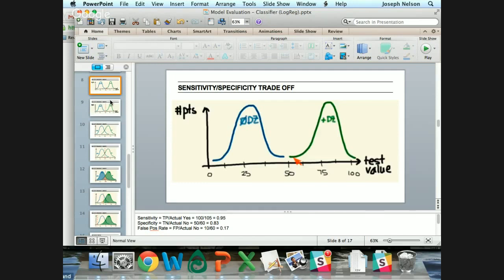As you can imagine, this is not the data we see in the wild. So let's talk about how we deal with that.